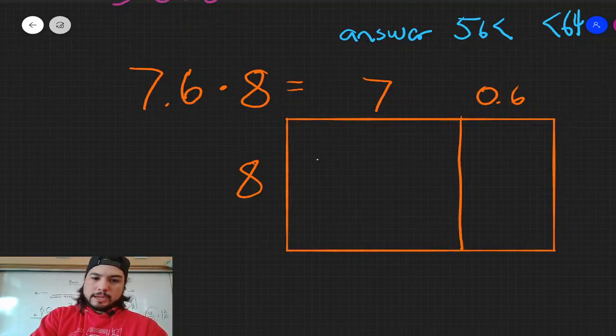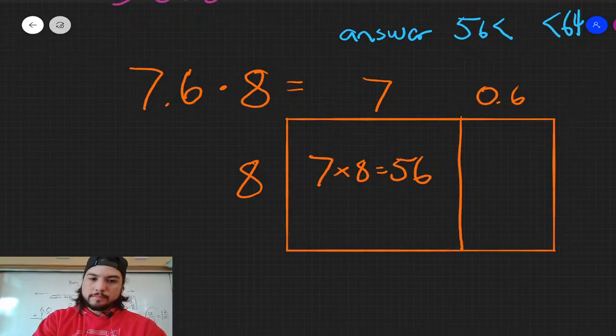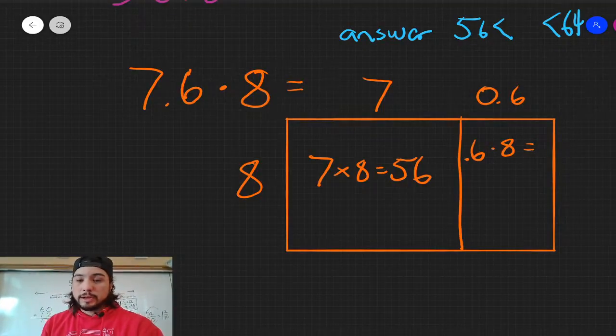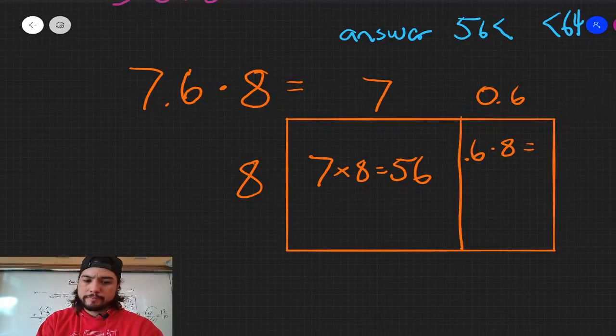Seven times 8 is 56, like we just said. And now 6/10 times 8. Thinking about, well, 6/10 times 8 is how many tenths? What's 6 times 8?